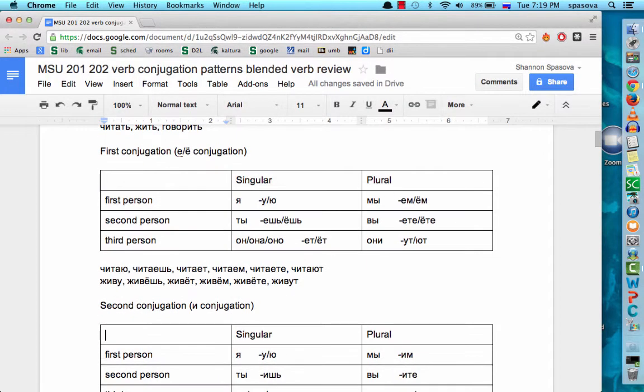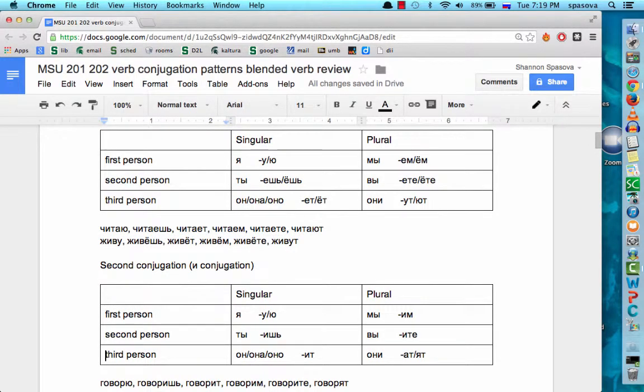Then we have the second conjugation pattern, sometimes called the И conjugation. If you compare the two, they're very similar. The я forms are basically the same. We have a choice between у and ю. Most of the rest of the forms are very similar, except that in this conjugation we have и instead of е or ё.